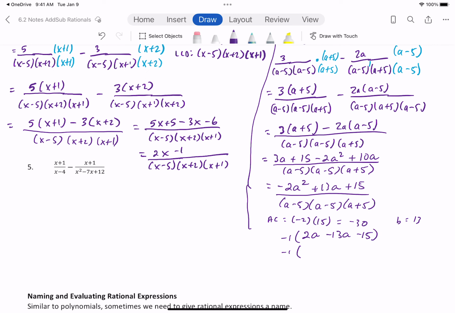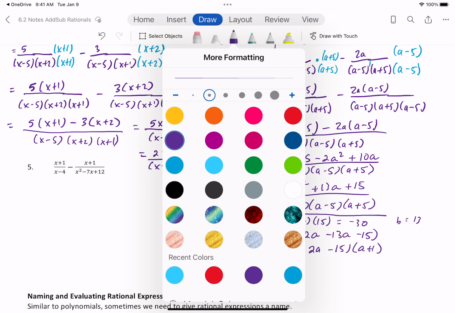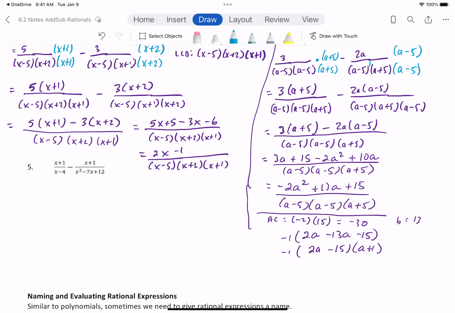And then it turned out to be 2a minus 15 and a plus 1 if I factored that out. And neither of those factors is going to be common to the ones in the denominator. So that means we can leave the answer just like this.